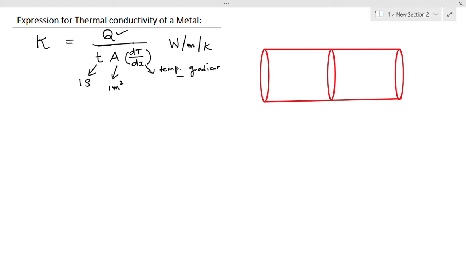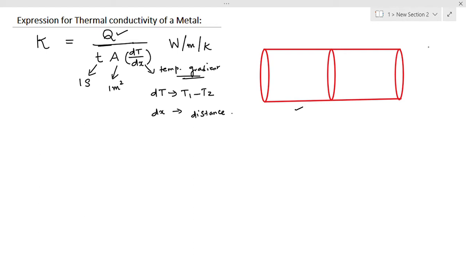The temperature gradient is dt, which denotes the difference in temperature, and dx denotes the distance between the temperature taken at the two ends of the metal. For example, let us consider a metal rod as shown here.